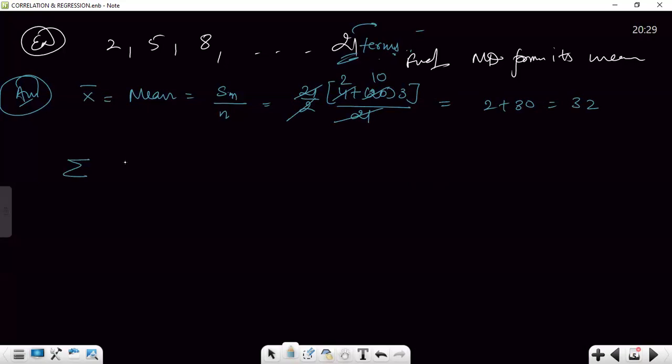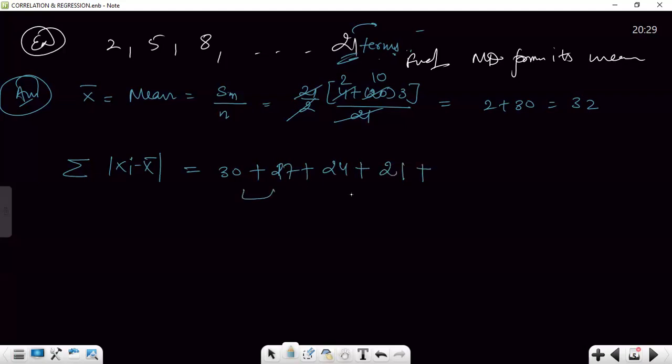Let's find out sigma of |xi minus x bar|. So this is 32 minus 2, 30. 32 minus 5 is 27. 32 minus 8 is 24. Then 21.